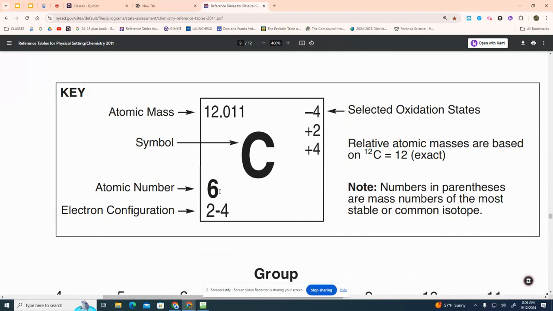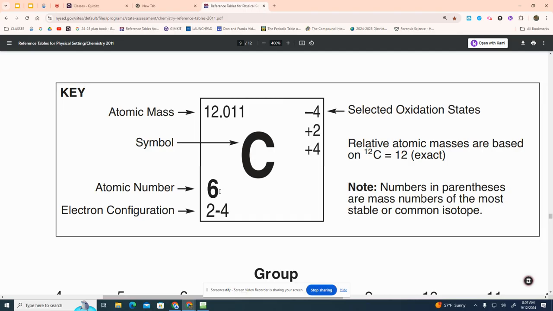How many neutrons does it have? Not 6, because in this case it's not going to be equal. I made it purposely not equal. We know that the atomic number is 6. This number up here is equal to protons plus neutrons, and this number was protons only.